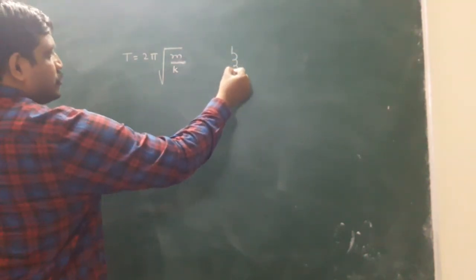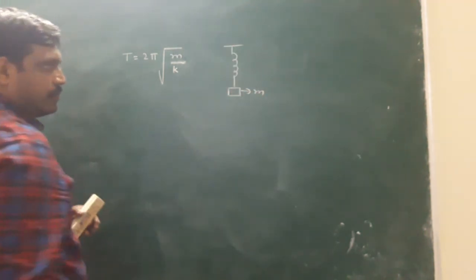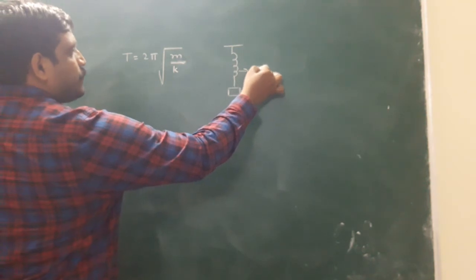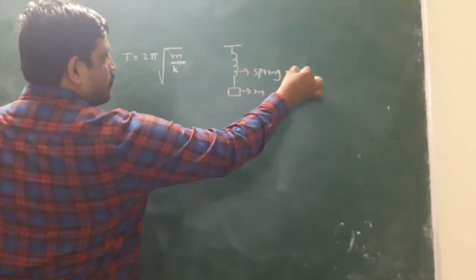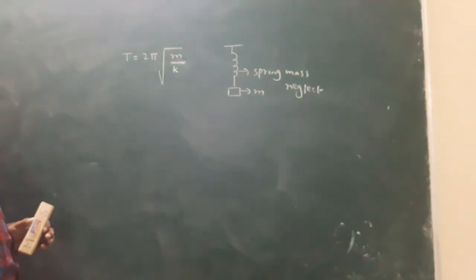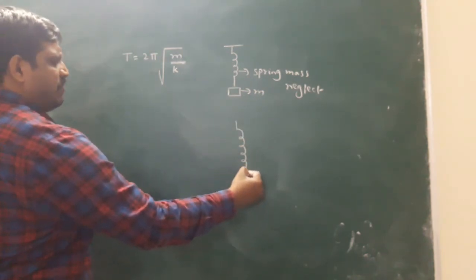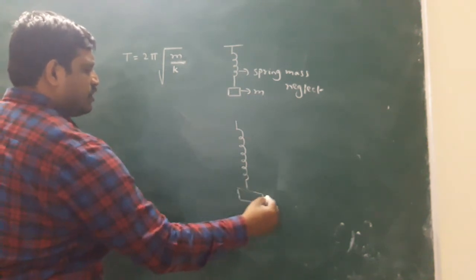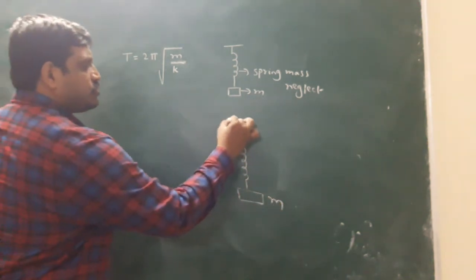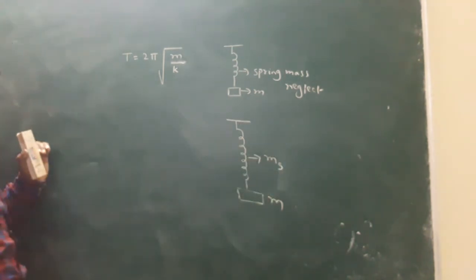In this situation, this is the spring. Here the attached body mass is larger, so the spring mass is neglected. Generally we take a massless spring. But in some situations, spring mass is also considered, that is Ms. Here Ms is the mass of the spring.